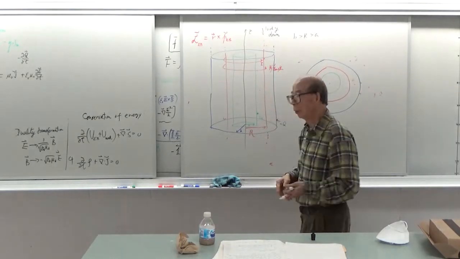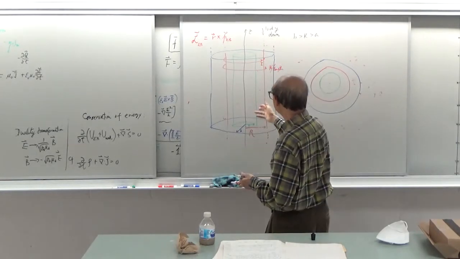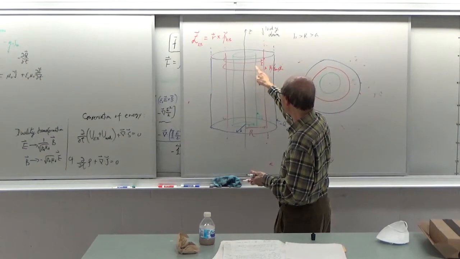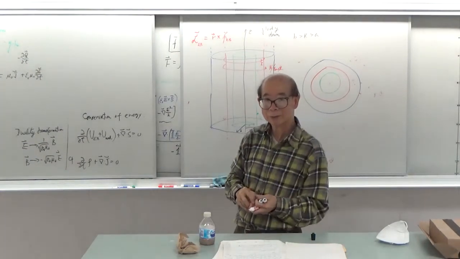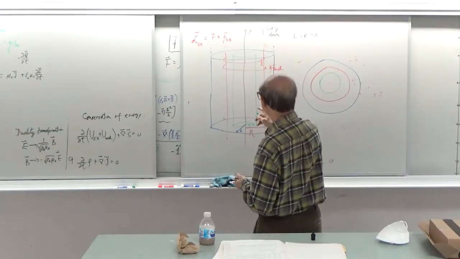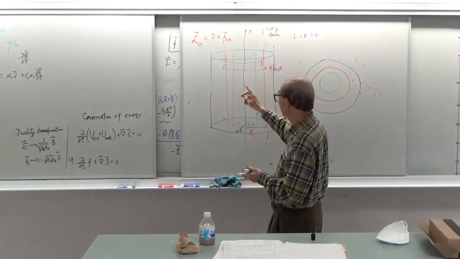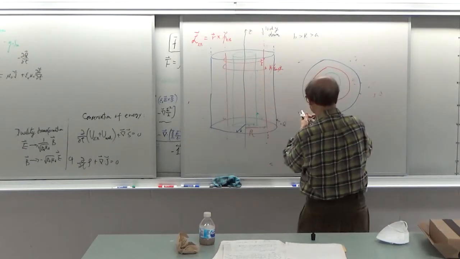Well, where does the angular momentum come from? Initially, of course, it comes from the fact that there's a current I going around the solenoid, so that it will create a magnetic field B inside this solenoid.